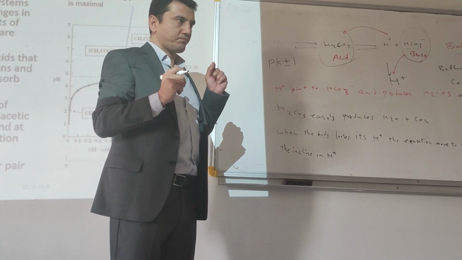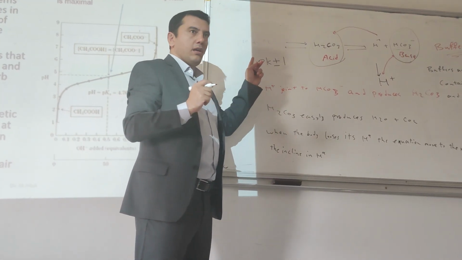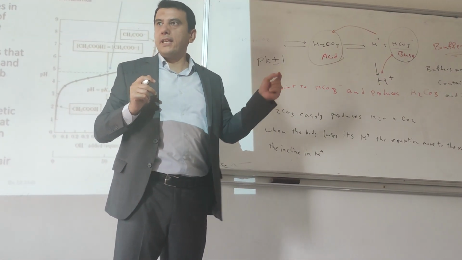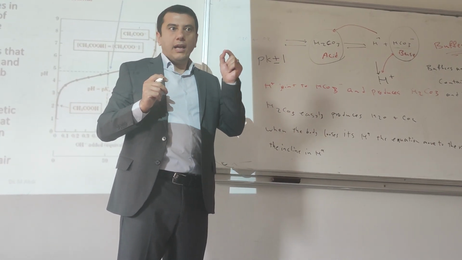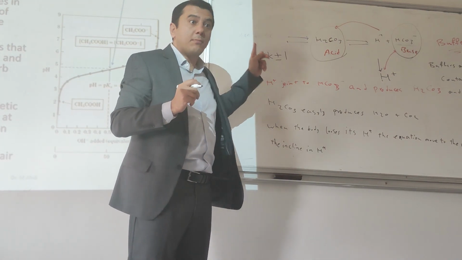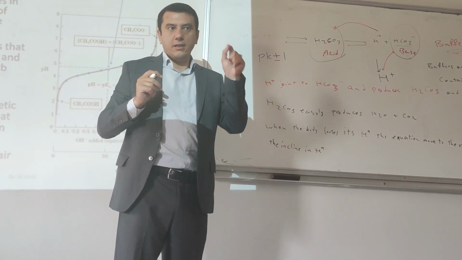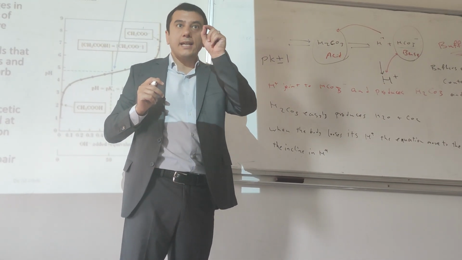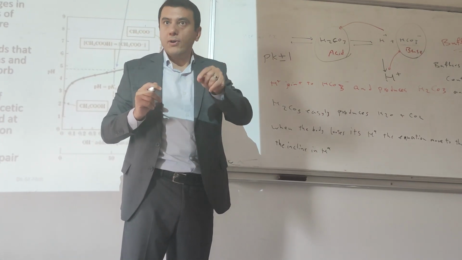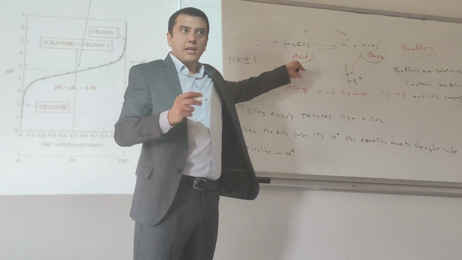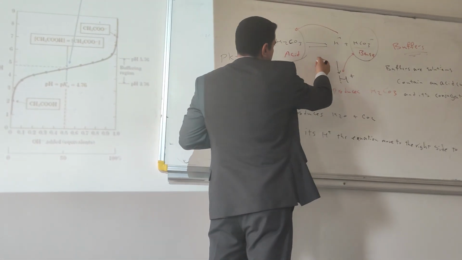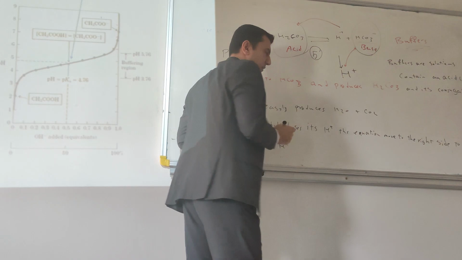For example, pK is a constant amount for any equation. For example, for such an equation, the pK is around, I think, 5.